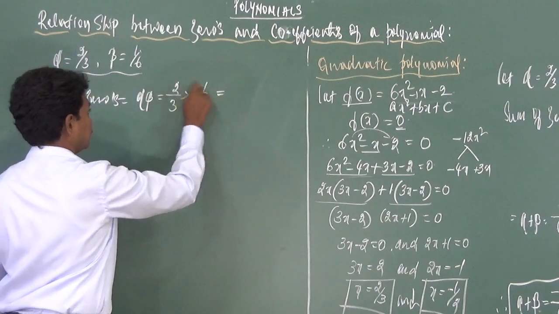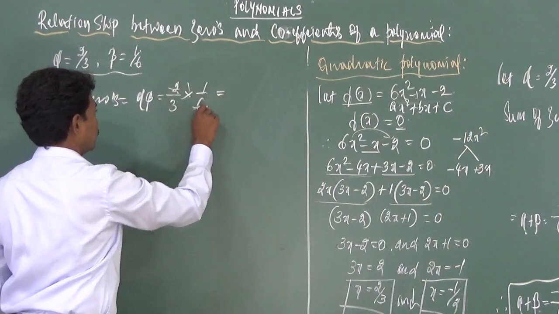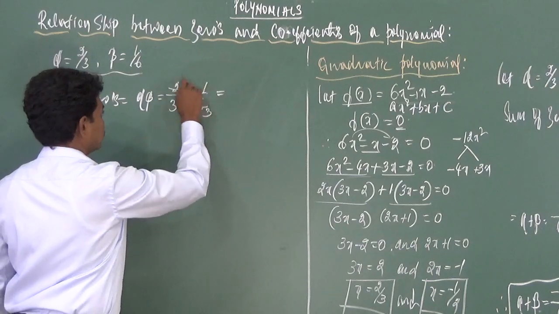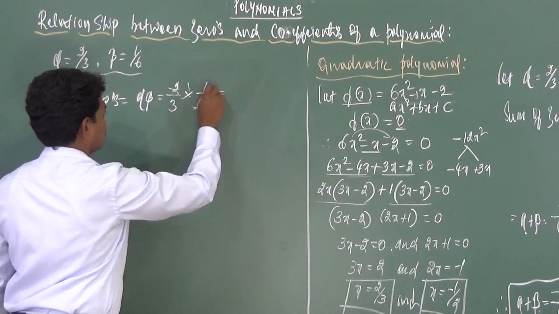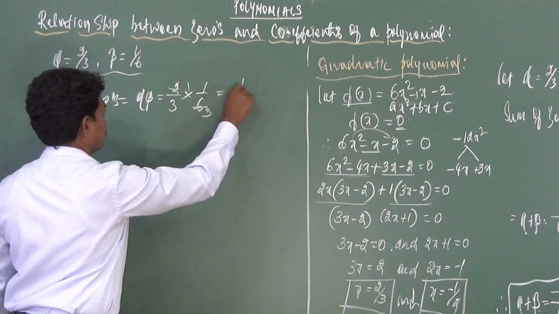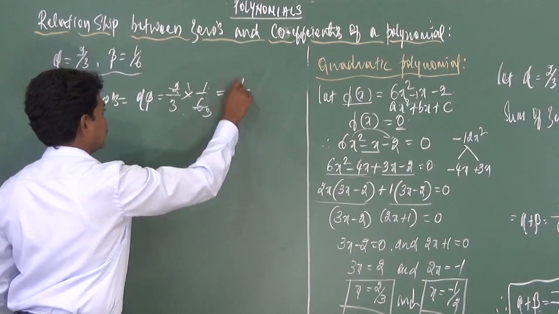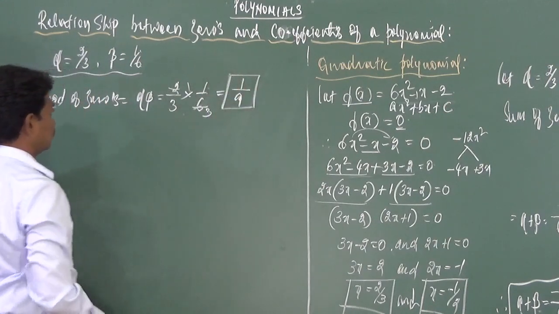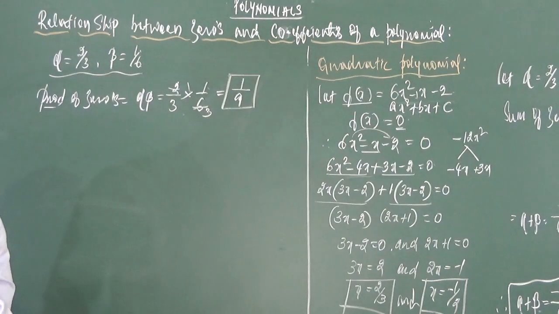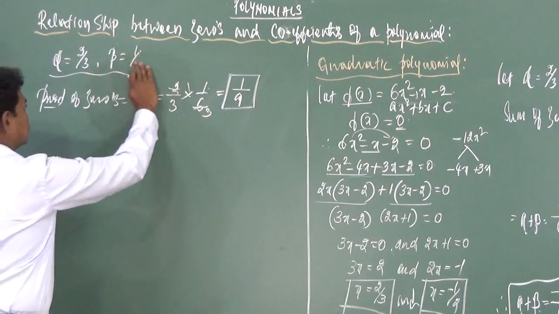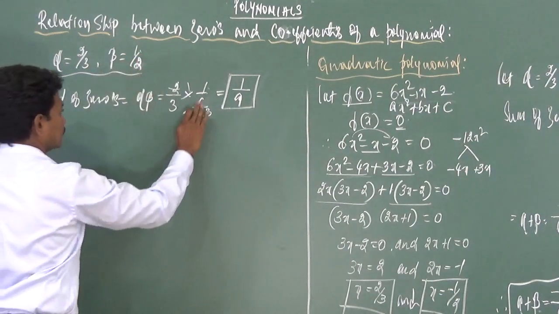So 2 by 3 into 1 by 6 is 2 ones are 2, 3 sixes are 18, so it is 1 by 9. So this is alpha into beta, that is 2 by 3 into, sorry, it's not 6 here, it is 2. So let us take 2 here.